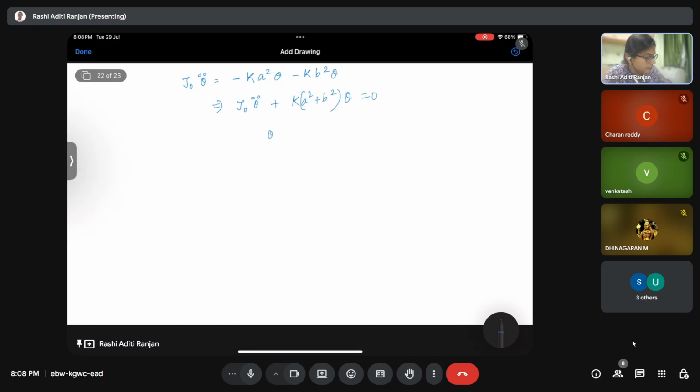So this will give us theta double dot plus K by J naught times A square plus B square theta is equal to 0. So we have omega n as nothing but the square root of K times A square plus B square divided by J naught. Okay, this is going to be the natural frequency.